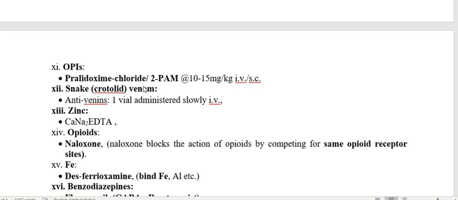So 2-PAM or pralidoxime, 2-PAM chloride and pralidoxime chloride are the same. They are acetylcholinesterase enzyme reactivators. Therefore, we are going to use it as an antidote for organophosphorus insecticide.